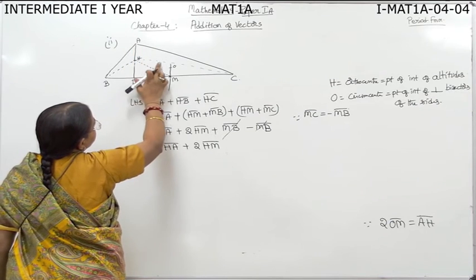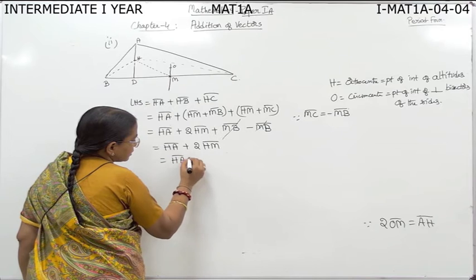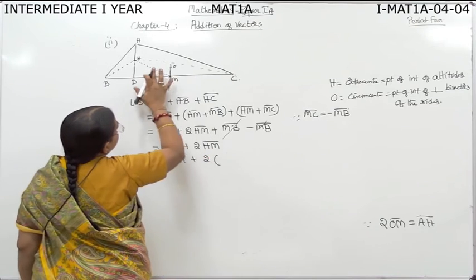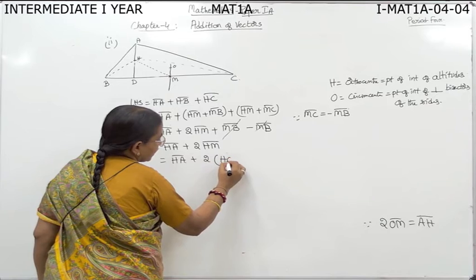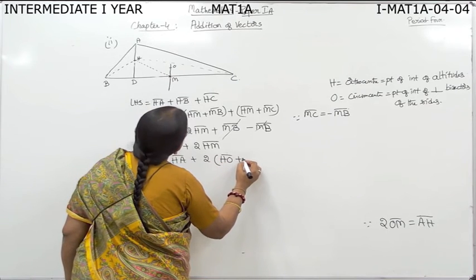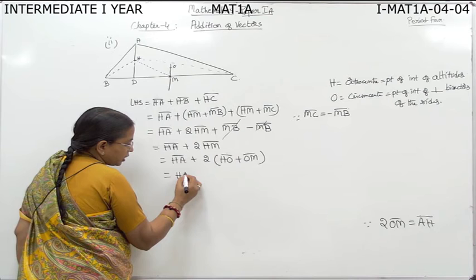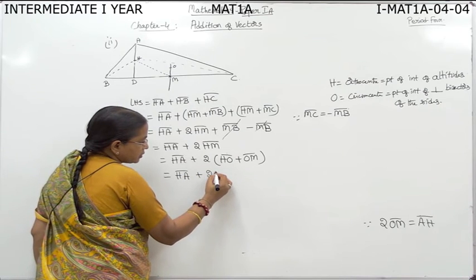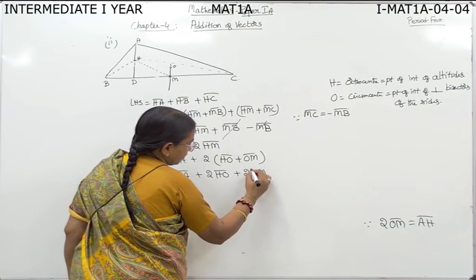HM is equal to HO plus OM, from triangle law. So this is HA plus 2 times HO plus 2 times OM.